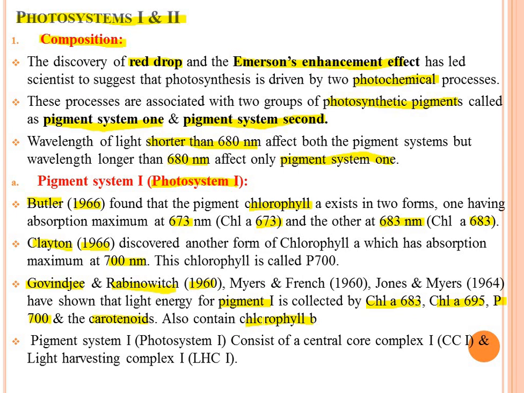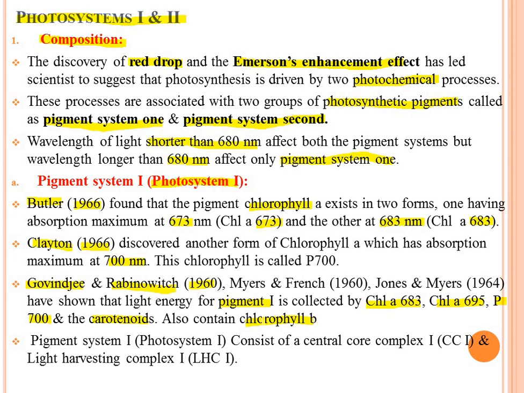Actually these all are pigments. Therefore photosystems are also known as pigment systems. And what is the role of these pigments? You already studied that chlorophyll A is the main reaction center. Why is it called the main reaction center? Because chlorophyll A generally absorbs light in the form of photons and directly converts it into chemical energy, and also during this, photolysis of water takes place.